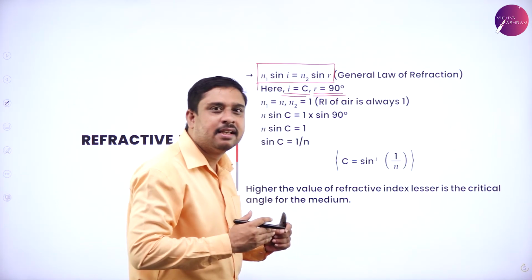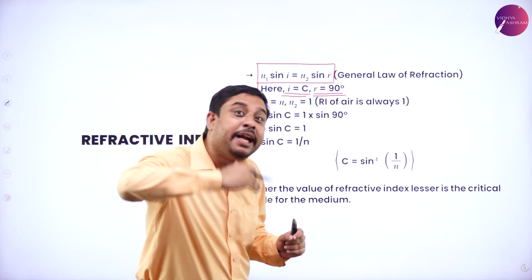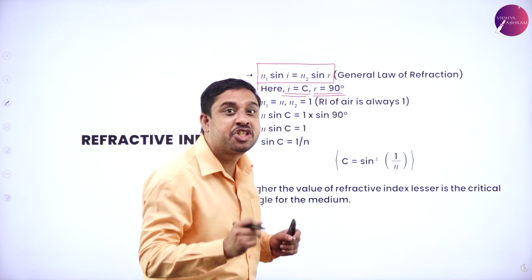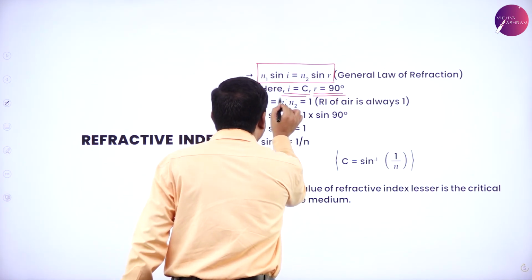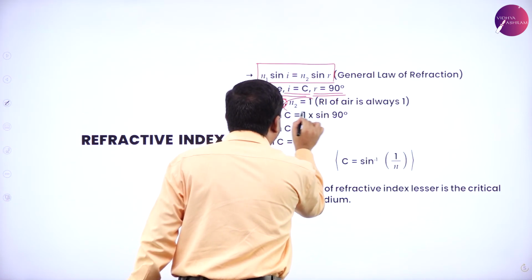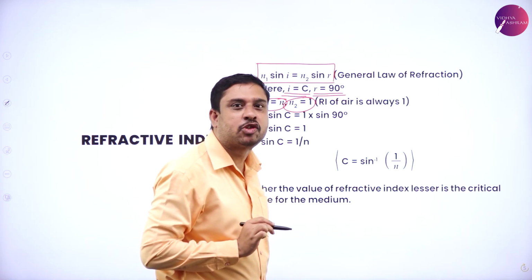In this case, light is traveling from denser medium to rarer medium, conditions held for TIR. So N1 is N, N2 is 1, which is refractive index of air.